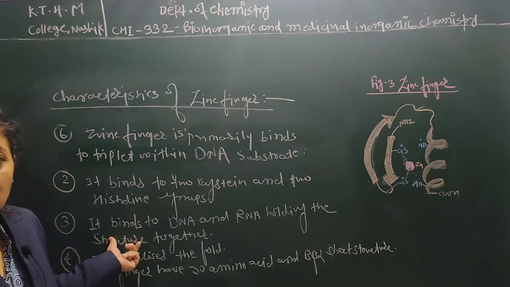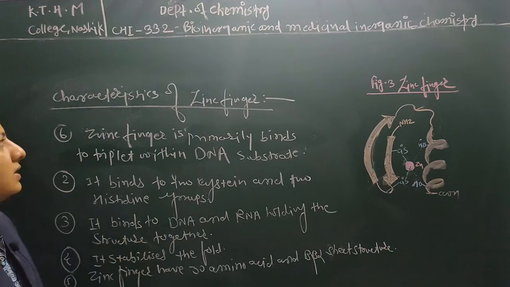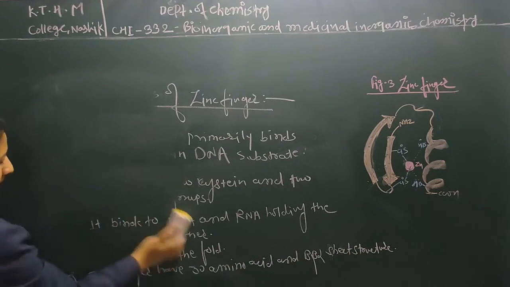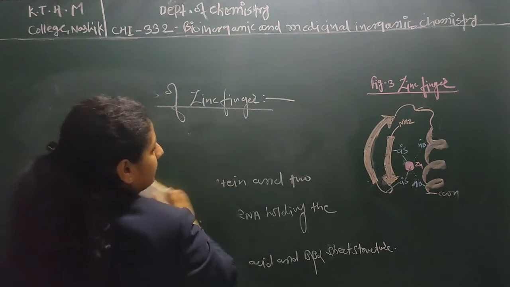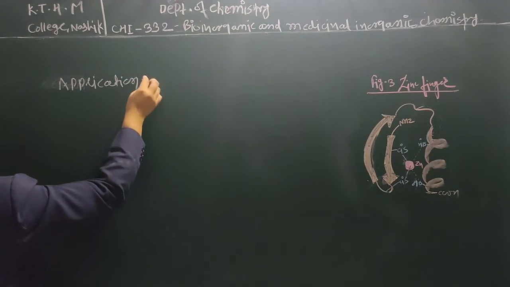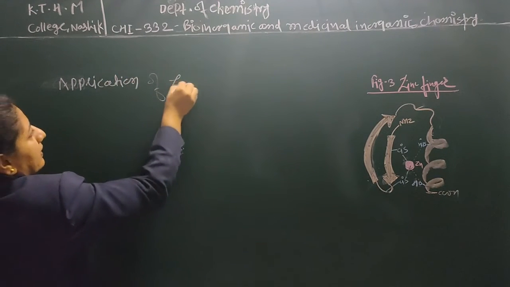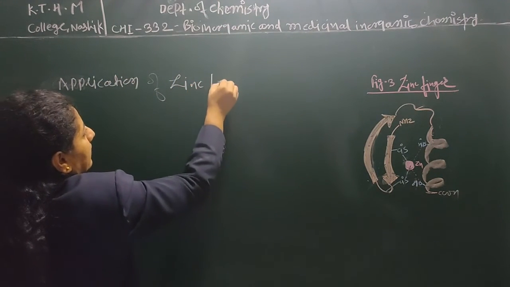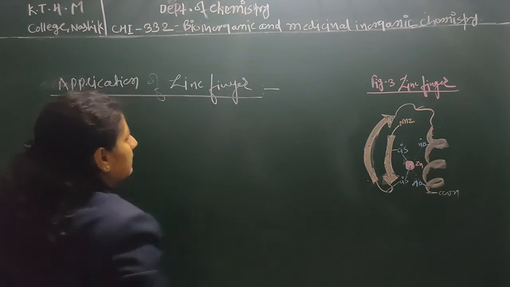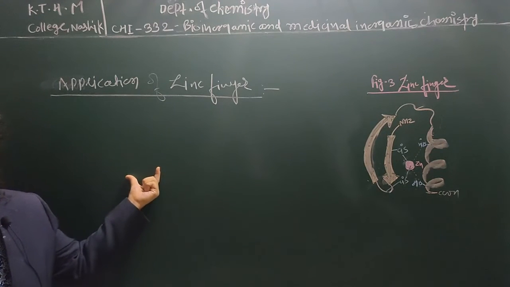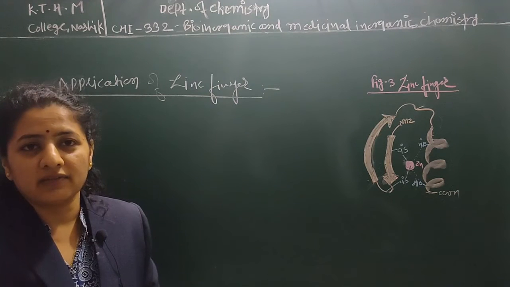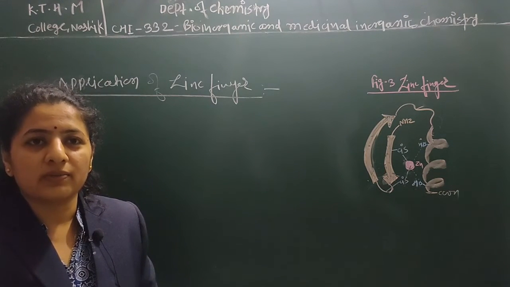Now let's discuss the applications of zinc finger. We know that zinc fingers are structural motifs. They contain the zinc motifs. Zinc has very important and vital functions in many biological processes.